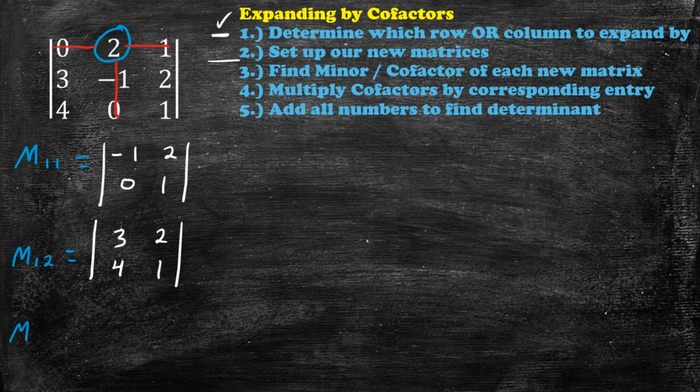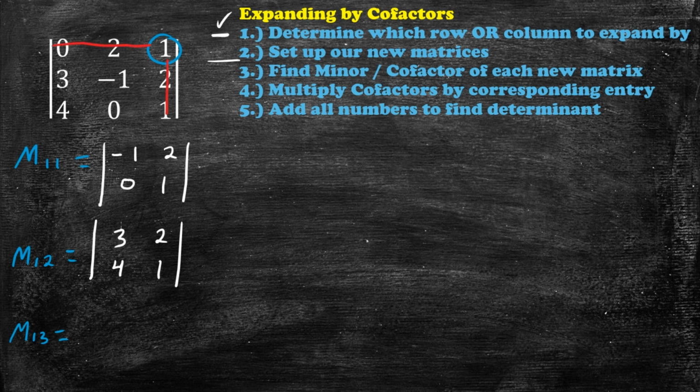Now let's find our third matrix. The minor of row 1, column 3 is equal to, looking back at our original matrix, we circle the 1, the last number in the row we're expanding by.